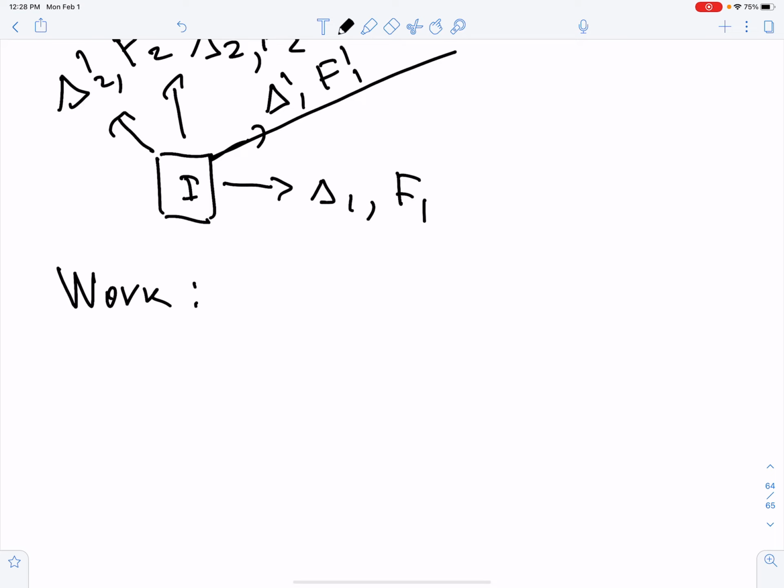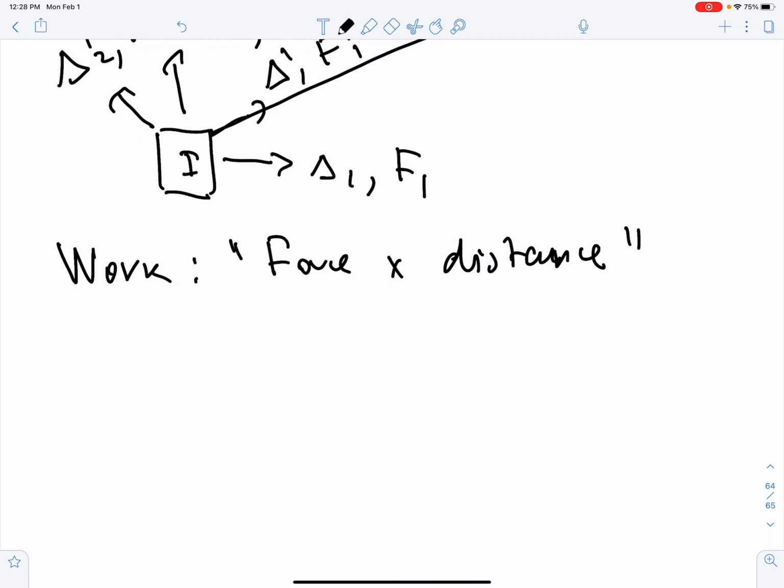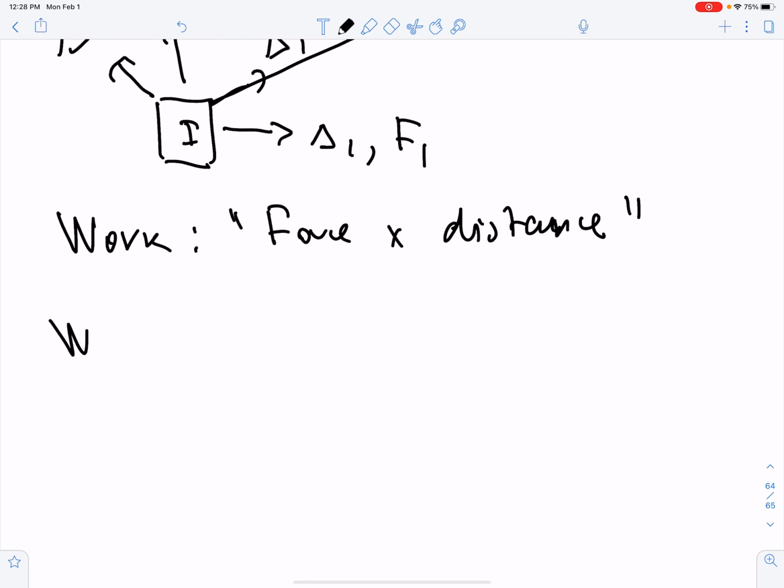What's work? If you recall from your earlier courses, it's some force times some distance. So now let's write work for node I in the xy coordinate system.